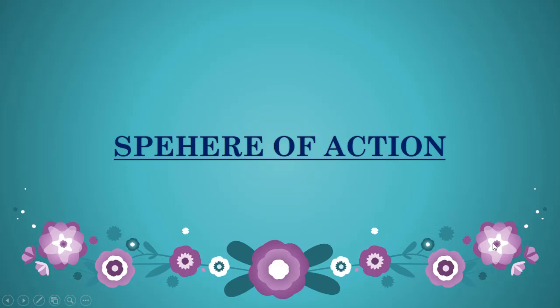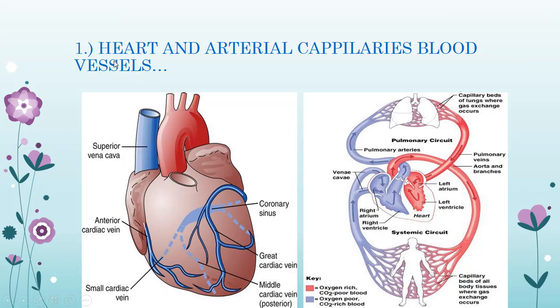So we will study them one by one. The first center is the heart, arterial capillaries and blood vessels. Now we will learn how Aconite acts on this particular center.